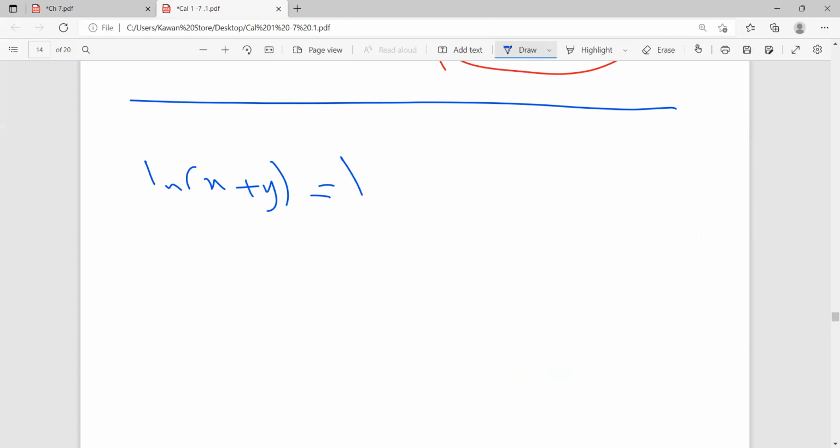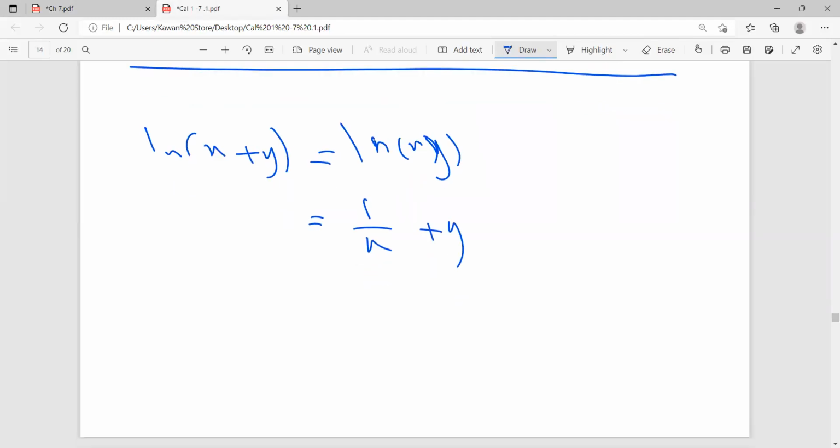Equal to ln of x, like that? Okay. 1 over x plus y. You mean x plus y, like that? Plus between them?